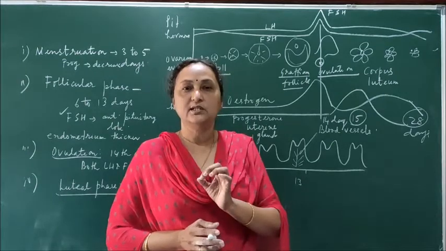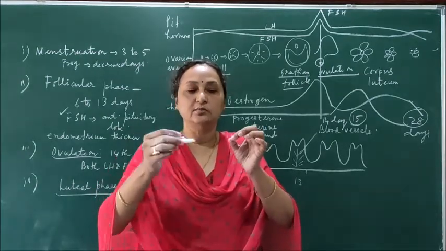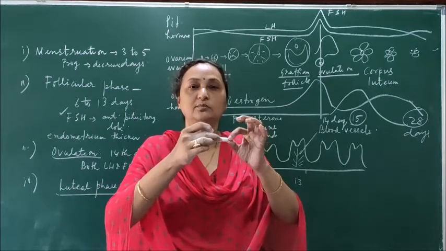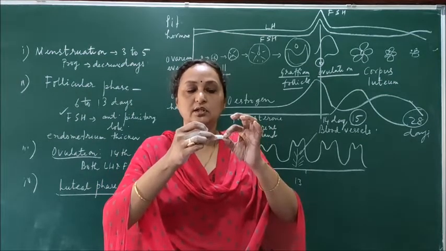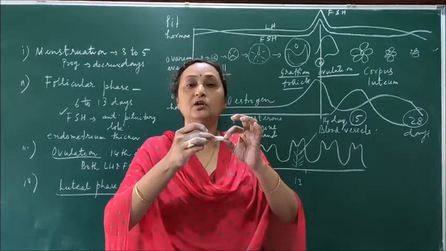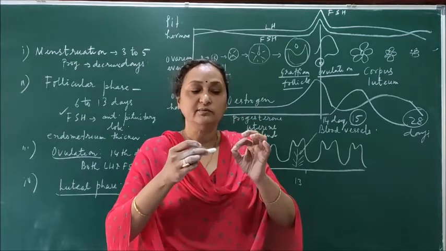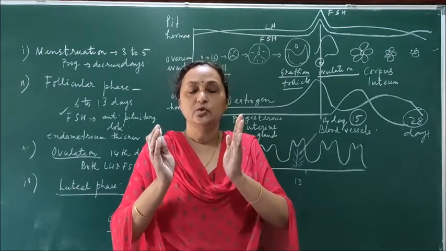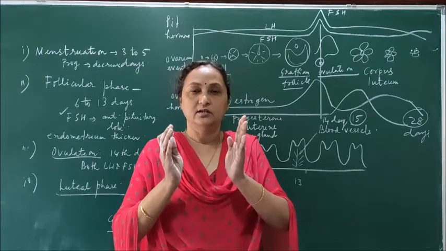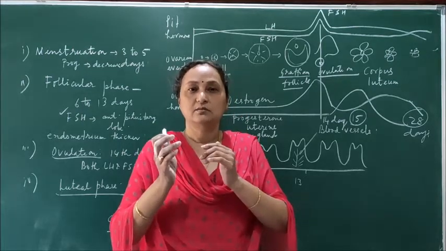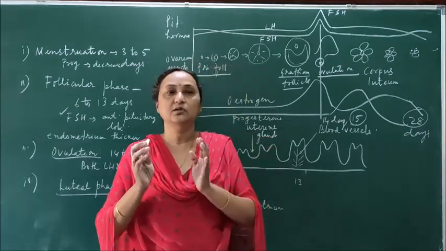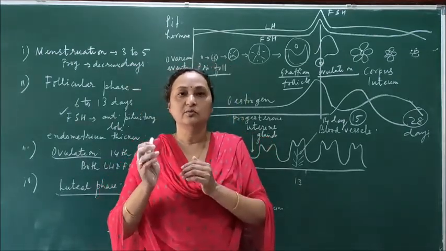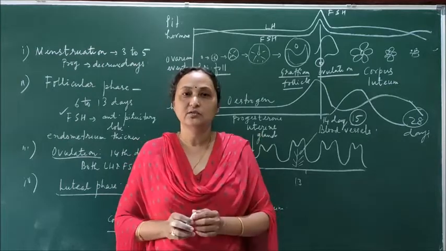If there is fertilization, then the embryo will ultimately come to the uterus and fix to the wall of the endometrium. So the embryo is implanted on the wall of the endometrium. And in human female every month the uterus is preparing itself to get a fertilized egg. But it is a chance, because it is not compulsory that every month one ovary is producing one ovum, so there is no guarantee that fertilization will be there.